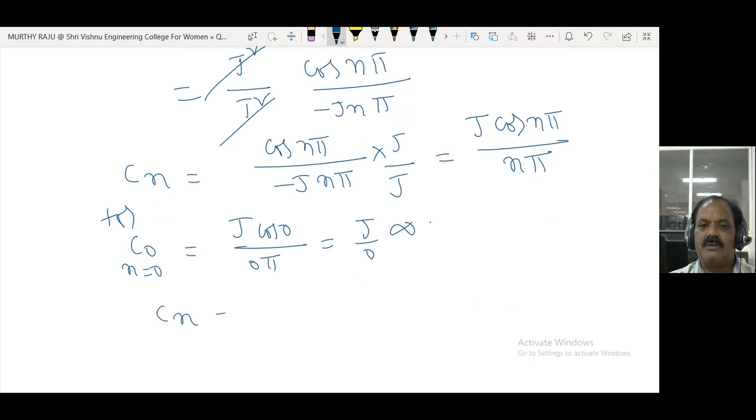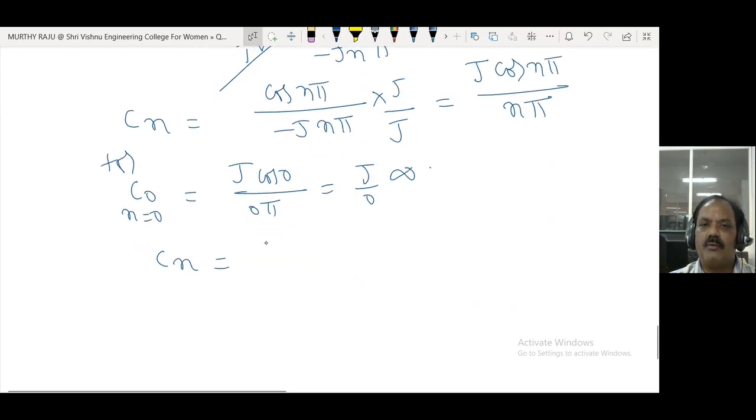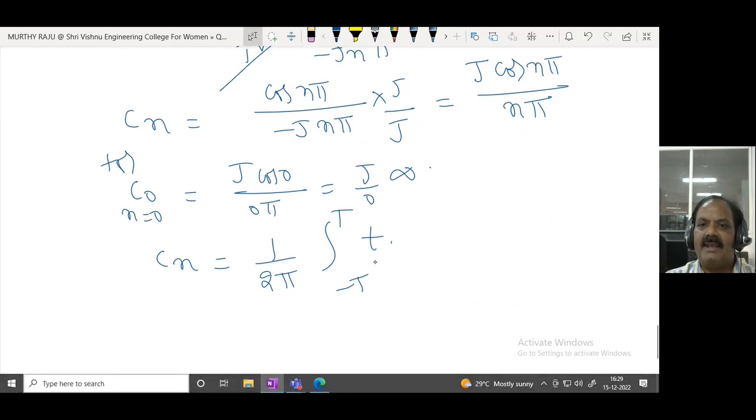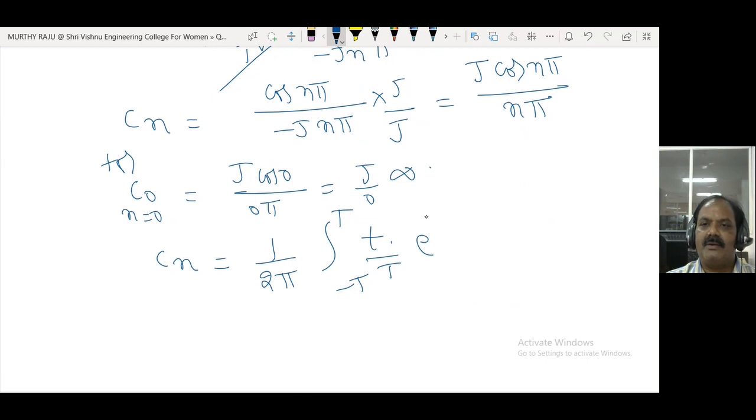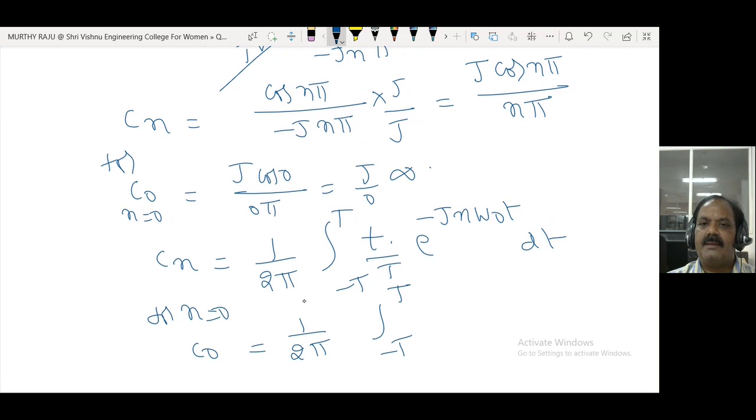Cn. We know that Cn is equal to 1 by 2T integral minus T to T of x of t, which is T by T, e power minus j n omega naught t dt. For n is equal to 0, therefore C naught is equal to 1 by, not 2 pi, 1 by the time period of the waveform, which is 1 by 2T.